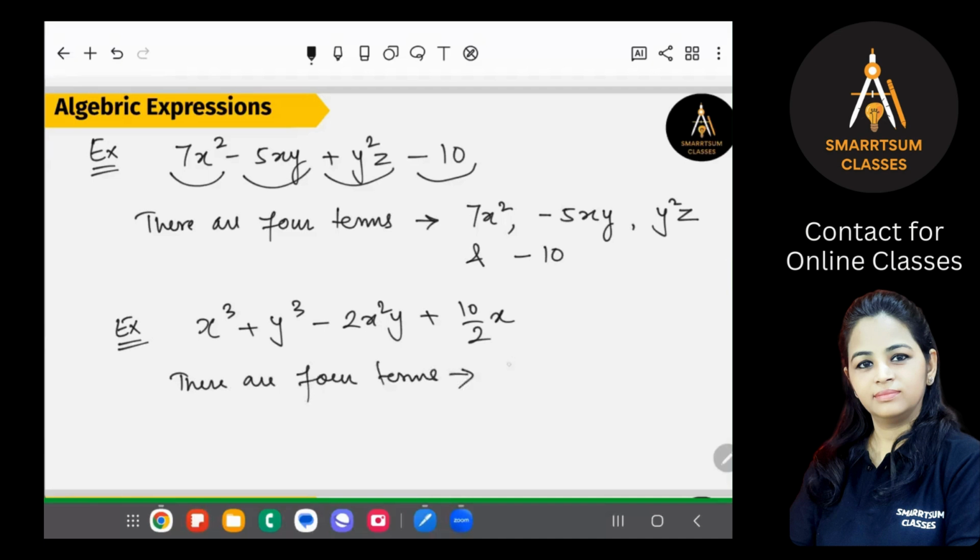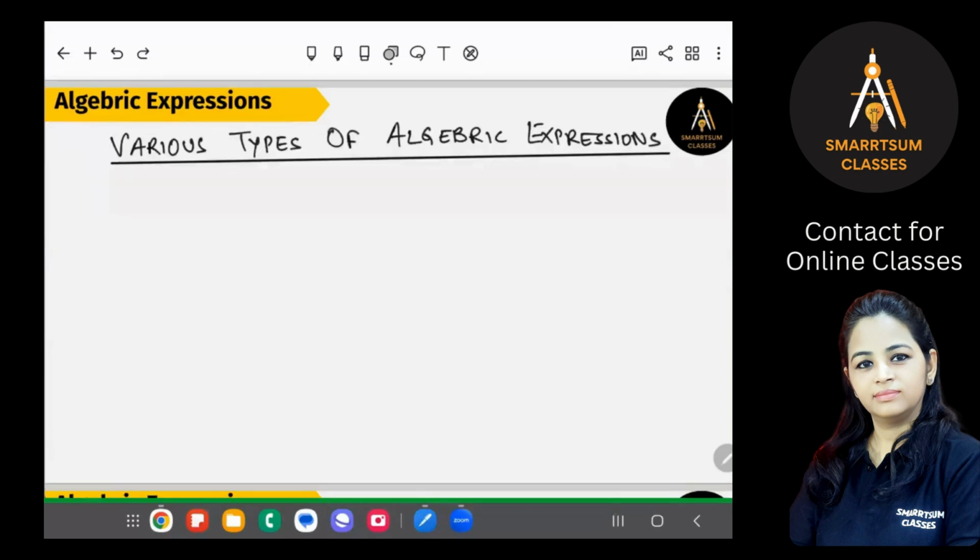And the terms are x cube, y cube, and so on. But remember, always write the terms along with their sign. So x cube, plus y cube, minus 2x square y, and plus 10 by 2x, are the 4 algebraic terms within this expression. So I hope you are now getting it.